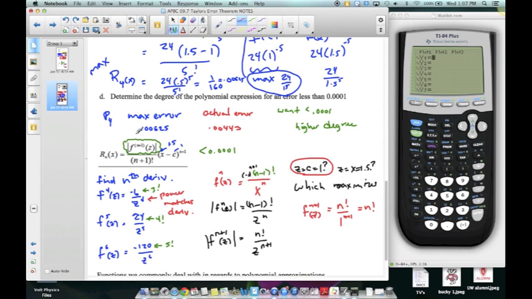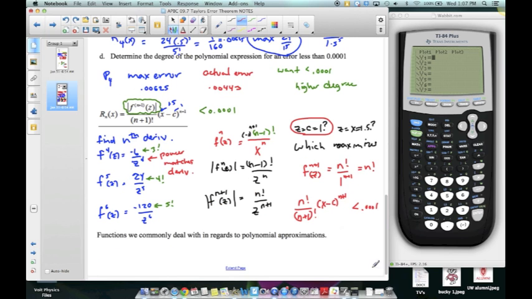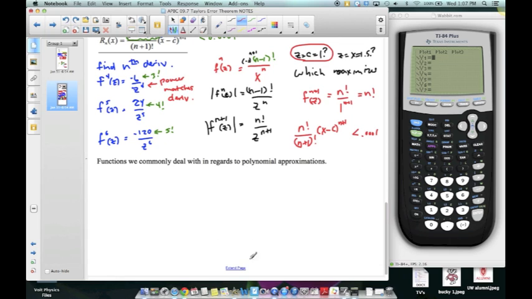And so now we can plug that into our expression for the derivative. So that's going to be n factorial over n plus 1 factorial times x minus c to the n plus 1. So that's what we have to keep less than 0.0001. And so if we simplify this, we'll come back to this question in a bit.